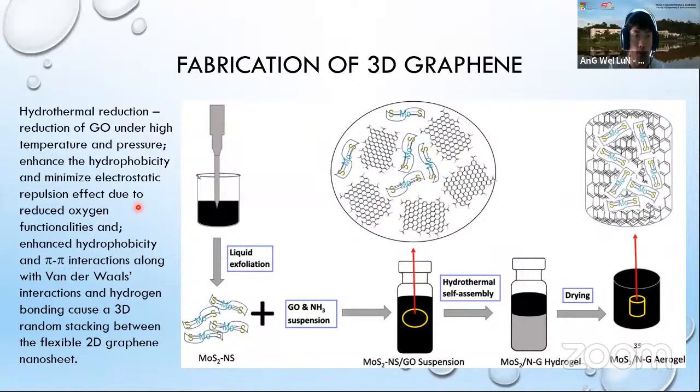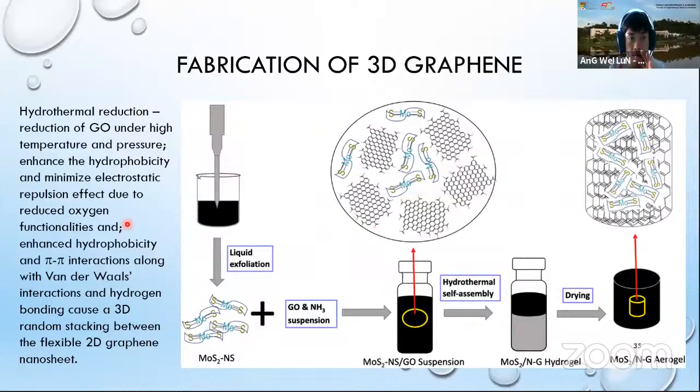We want to enhance the hydrophobicity and minimize the electrostatic repulsion effect due to the reduced oxidant functionalities. From graphene oxide, we have oxidant functional groups that repel each other. Under these hydrothermal conditions, we reduce it and remove the oxidant functional groups.